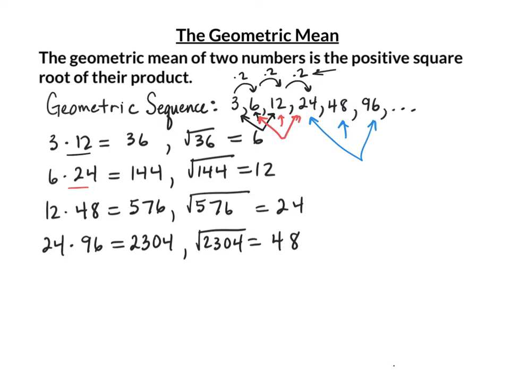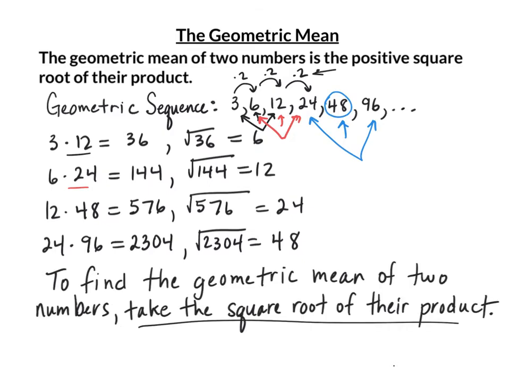The square root of 2,304 is 48. In general, then, you just need to know that to find the geometric mean, you multiply the two numbers and then you take the square root, and that number is the geometric mean.